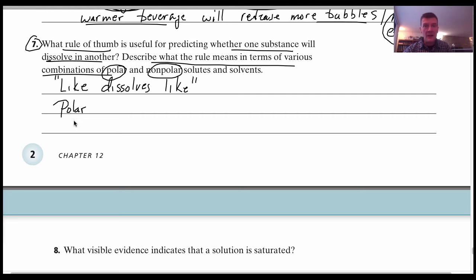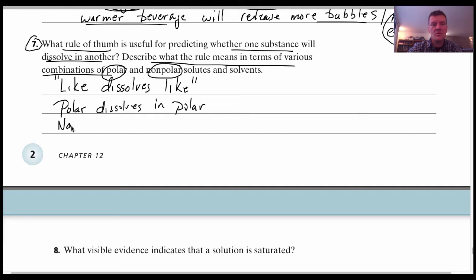The overall molecule is still neutral, but one end is going to be more negative, one end is going to be more positive because the electrons are being pulled to one side a little bit more because of either the arrangement of the structure, the geometry of the molecule, or the types of atoms that are involved. Okay, so polar dissolves in polar. That's what we mean by like dissolves like.